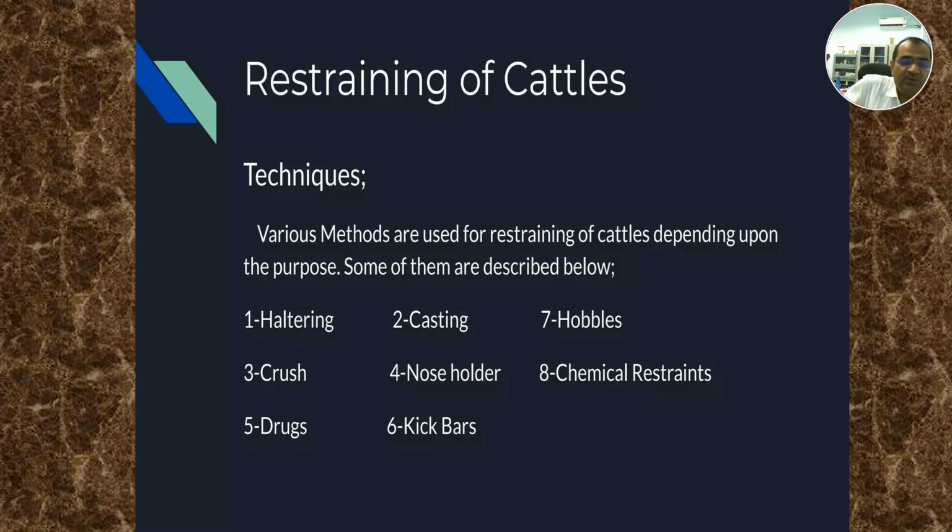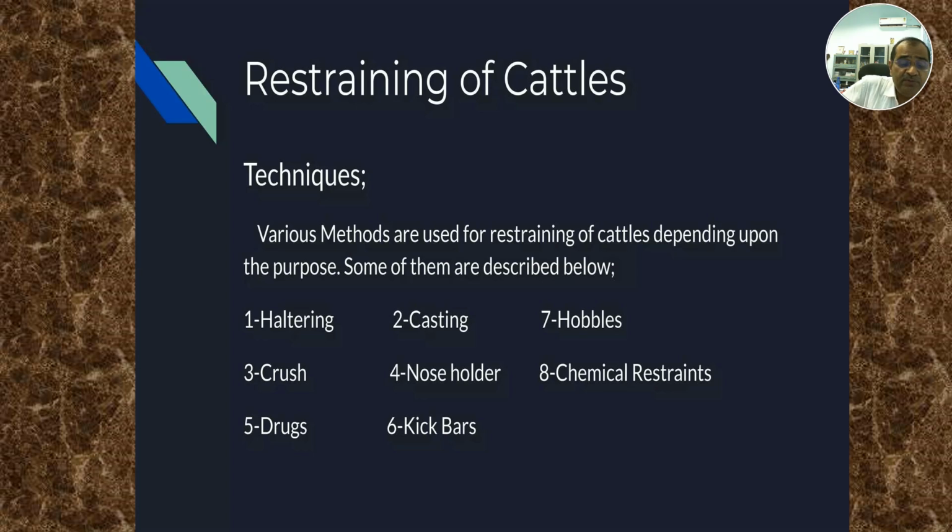Number one is the haltering of the animal. Second is casting. Third is crushing the animal. Fourth is the nose holder. Then the fifth is drugs. Different drugs are used for the restraint of cattle, sheep, goat, pig, dog, cat, etc.